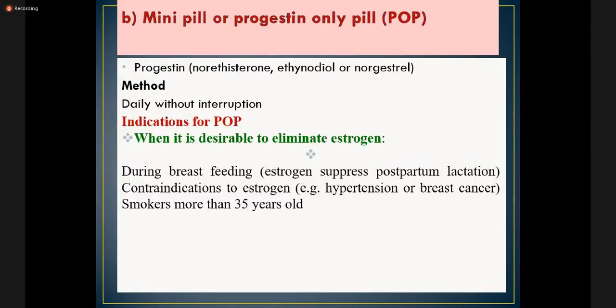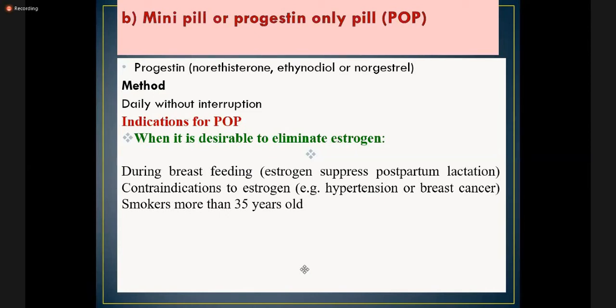Now, this is important: the mini pill or progestin-only pill. The important points I have already discussed with you. What are the conditions in which we require the progestin-only pill or mini pill?